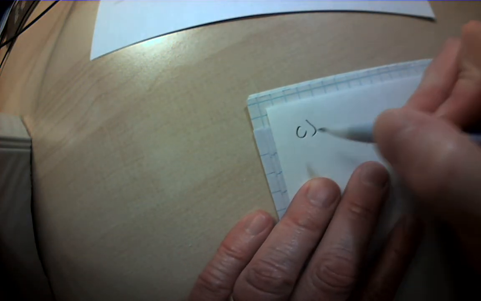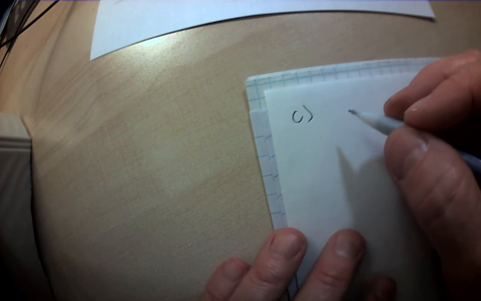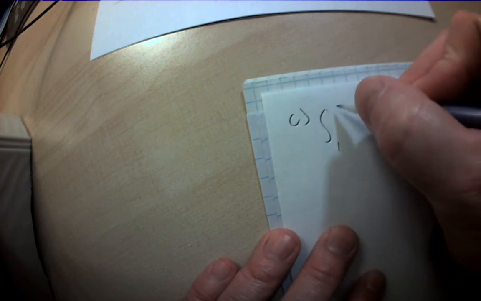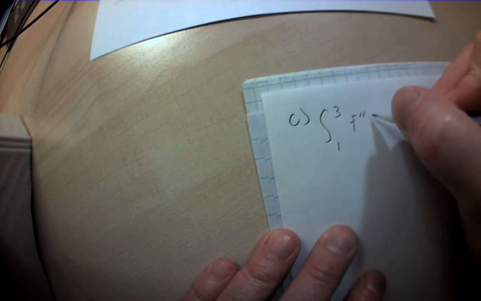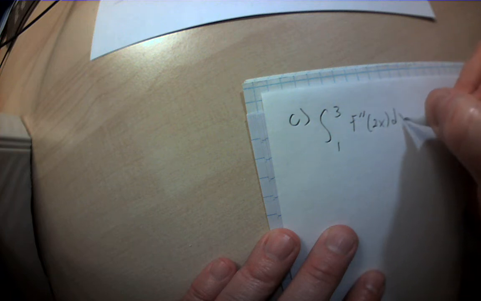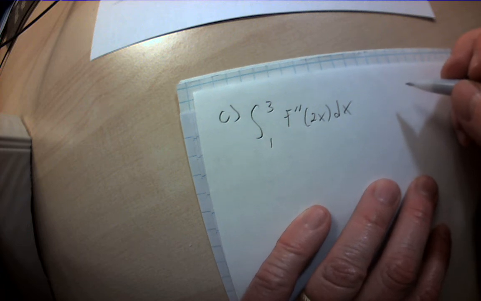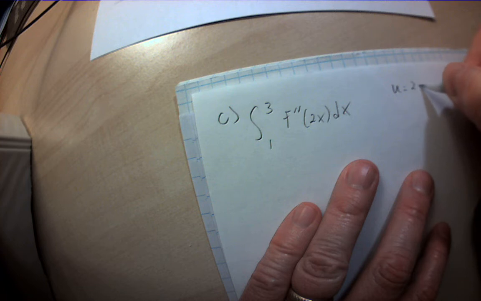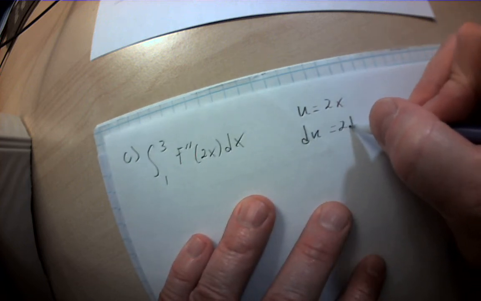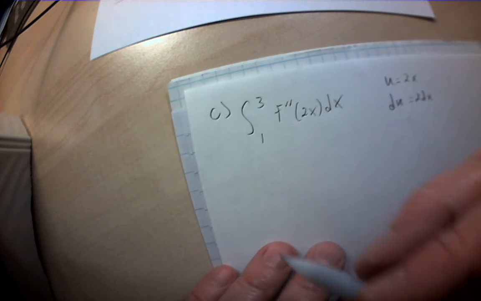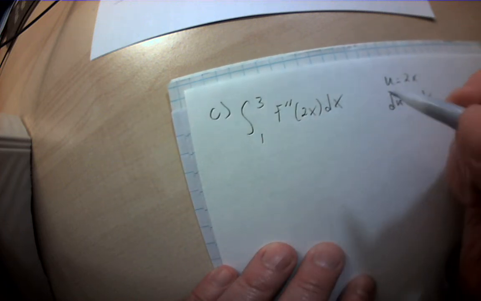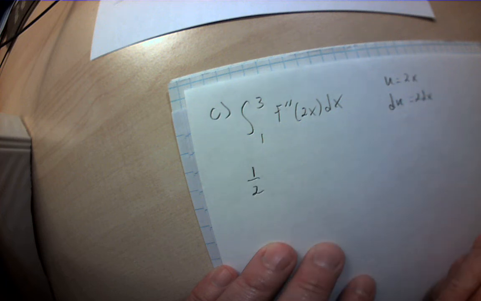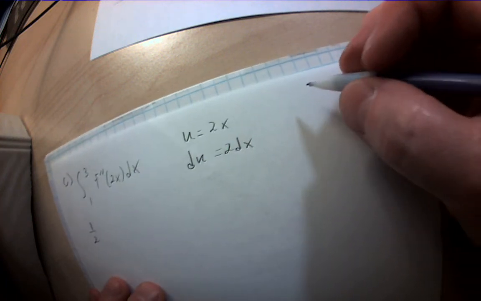So C, all right, what they're looking for me to do is the integral from 1 to 3 of f double prime 2x dx, okay? All right, so I'm going to do a little bit of a u sub here. I'm going to say u equals 2x, so du equals 2 dx, okay? So this integral is going to become 1/2, guys, sorry, let me change the limits.